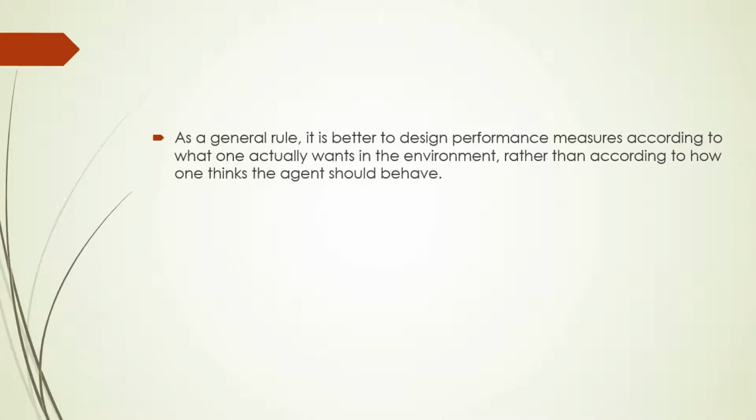We might look at an example whereby we have a simple cleaning robot in the environment. Rather than measuring the performance according to what needs to be done, another robot might think that cleaning the dirt and putting it back is best, since it's cleaning and putting back.